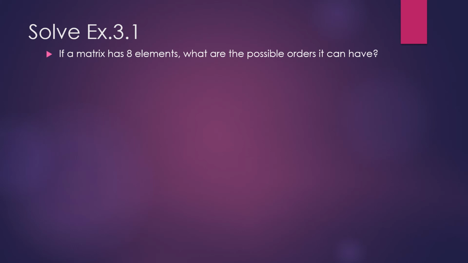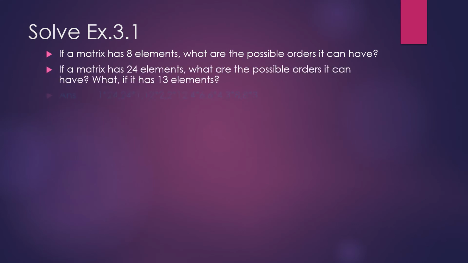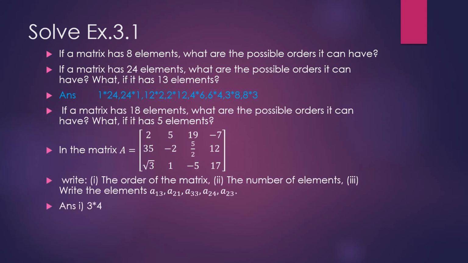I want my total to be 8, and we know that the order gives me the total number of elements. So the number of elements is m times n. So I want the multiplication of two numbers to be 8. So it can be 8 by 1, 2 by 4, 1 by 8 or 4 by 2.